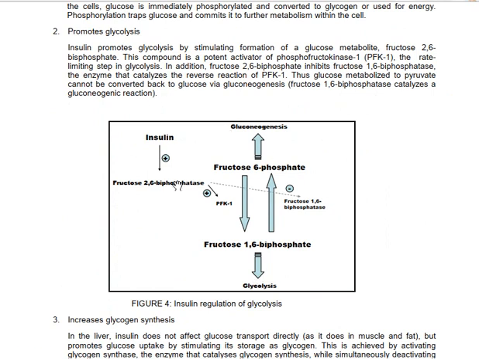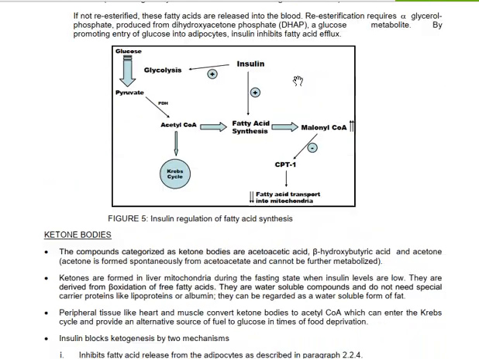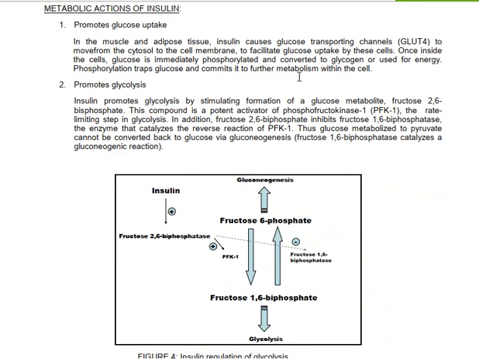So insulin is going to increase the fructose 2,6 bisphosphate. Is it clear? Now fructose 2,6 bisphosphate is interconvertible by the fructose 2,6 bisphosphatase. So this enzyme is the main site where insulin stimulates.